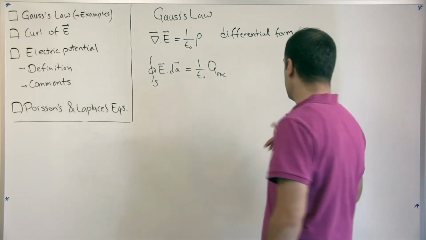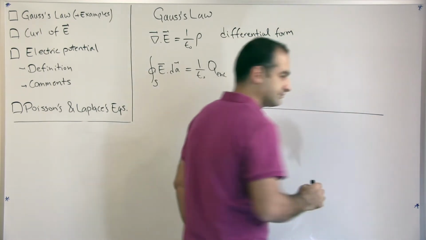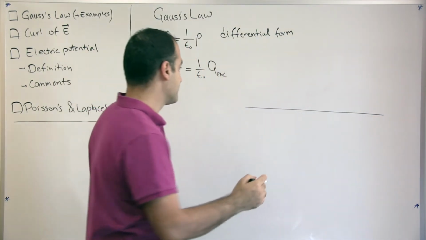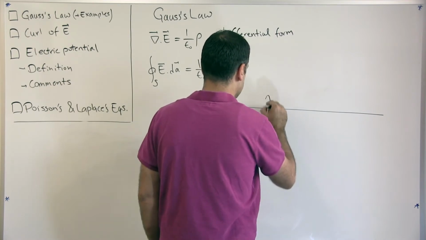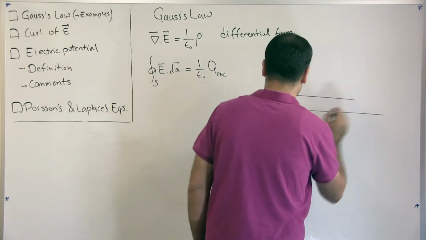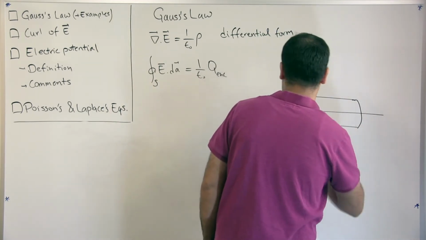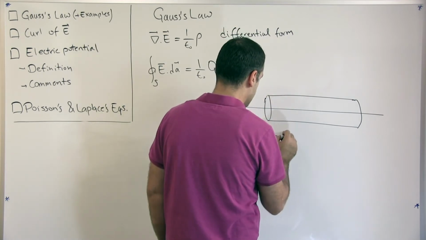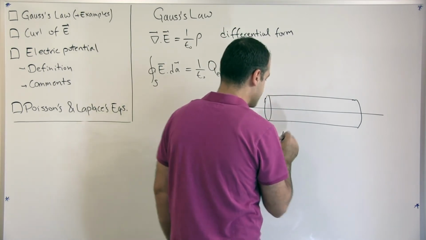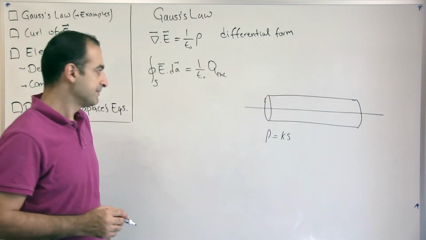Example 2.4, the question is we have a very long cylinder, extends to infinity, okay, and that has electric charge distributed over the volume of the cylinder, with the charge density proportional to a constant times S. S is the distance from the axis of the cylinder, okay?